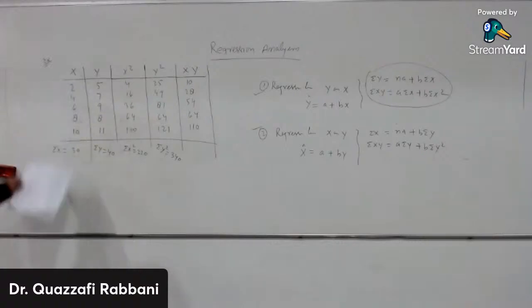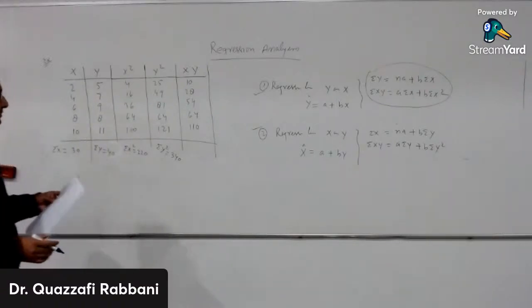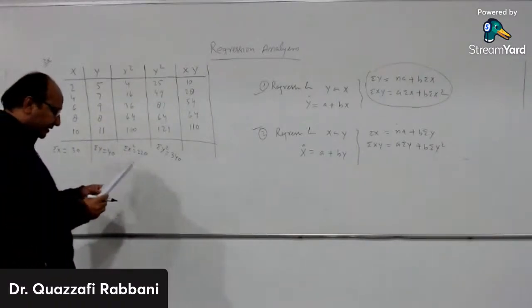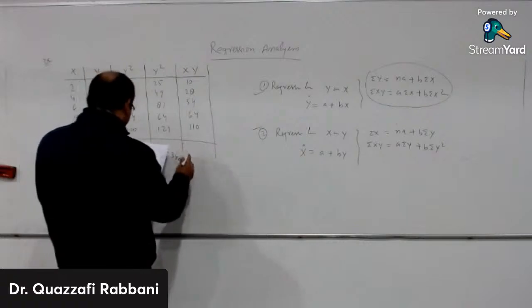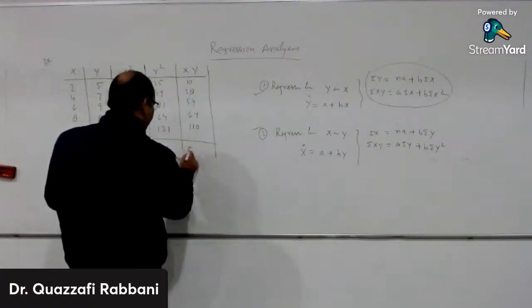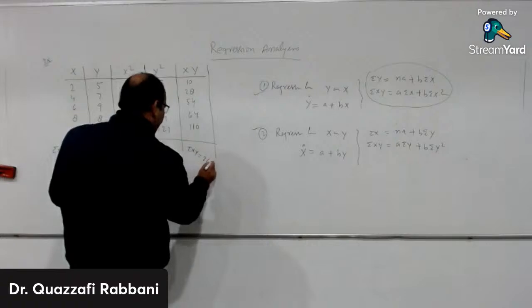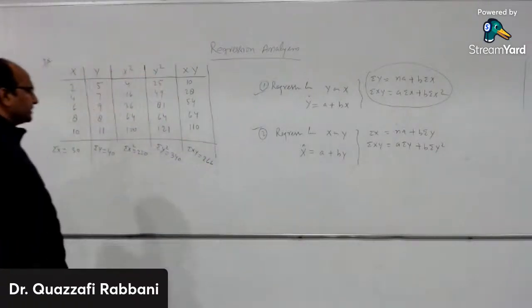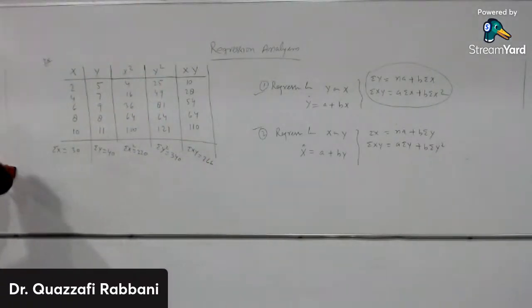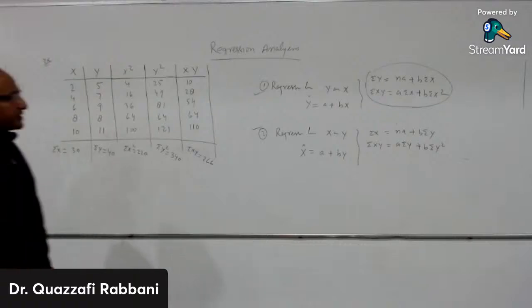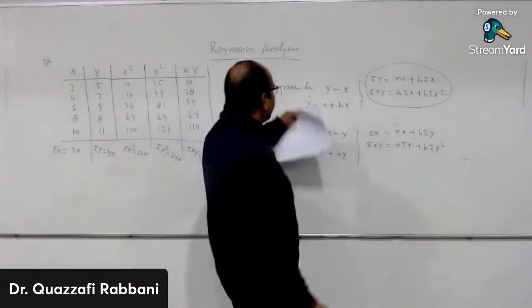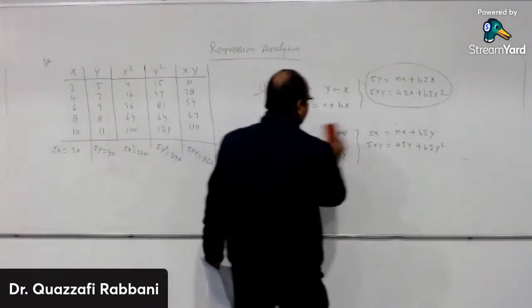You can check this calculation, maybe there is some error, then you can rectify. Summation xy is 266. Okay. Now first we obtain the regression equation.